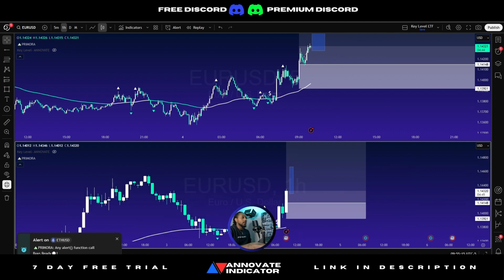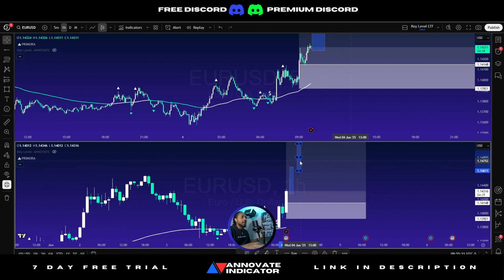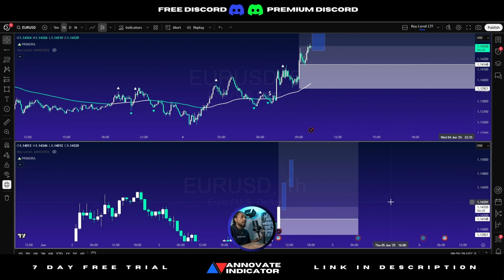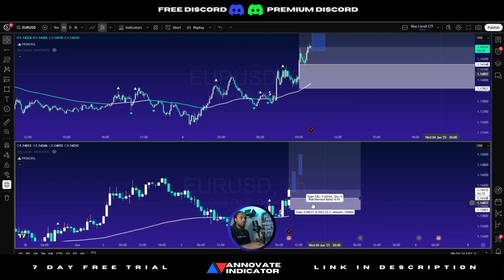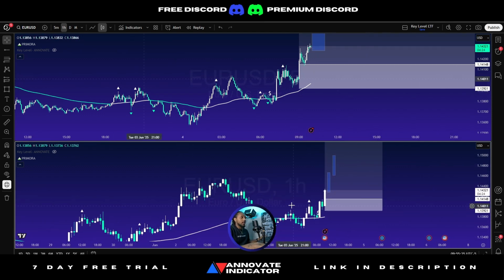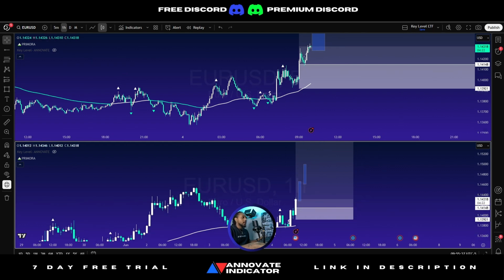But should it do something like this instead and open again, come down a bit, and then push up higher and then close up here, now my imaginary stop loss comes up here. And now if I get another push, because as you can see, candles can keep pushing upward, right? It's a trend. It can happen, definitely.